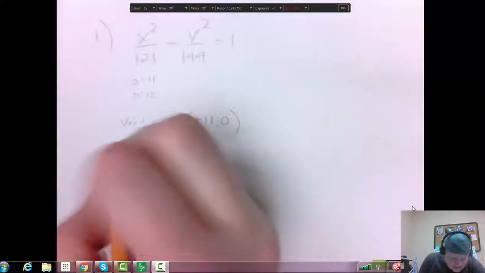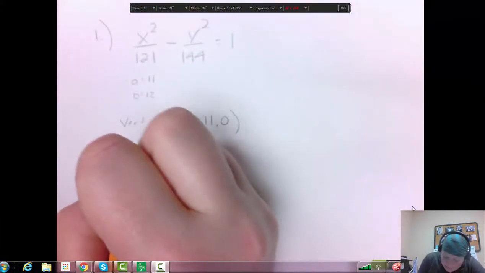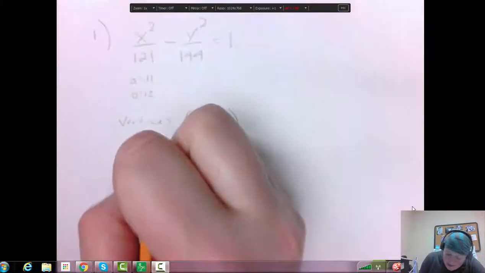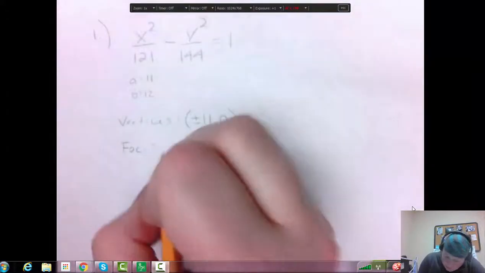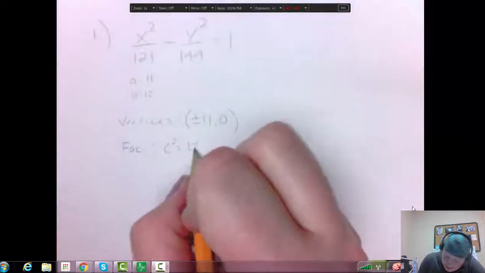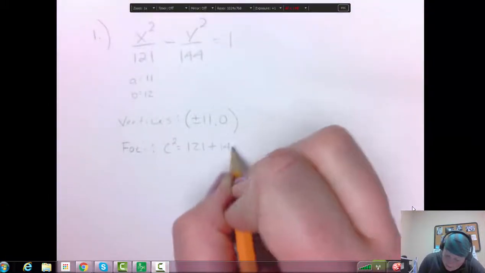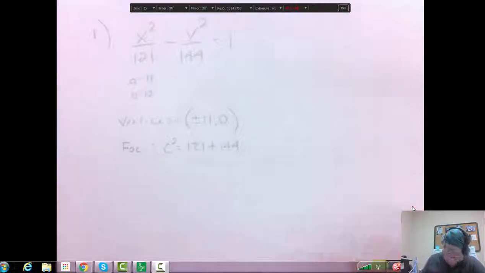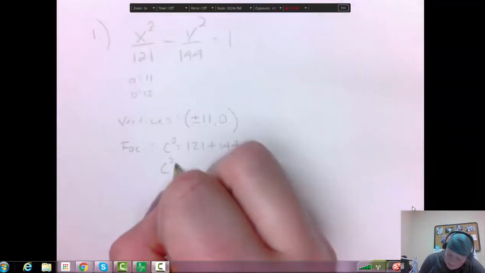And then the next thing we'd want is our foci. Our foci is found as c squared is equal to a squared, which is 121, plus 144. We add those together and get 265.